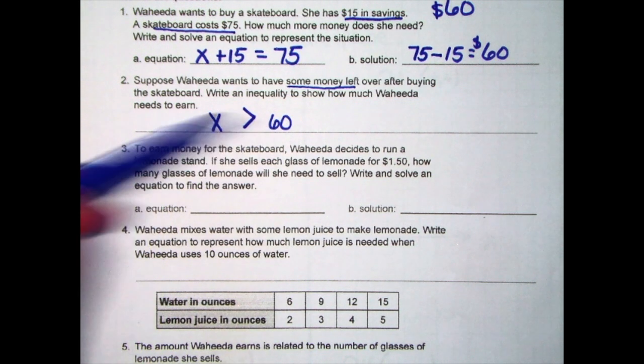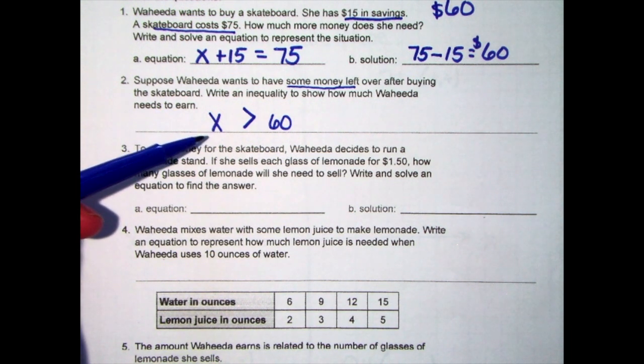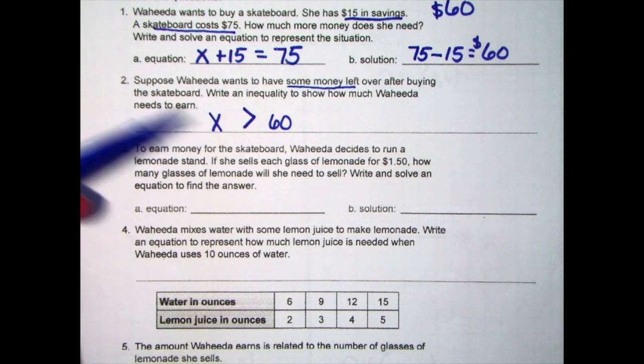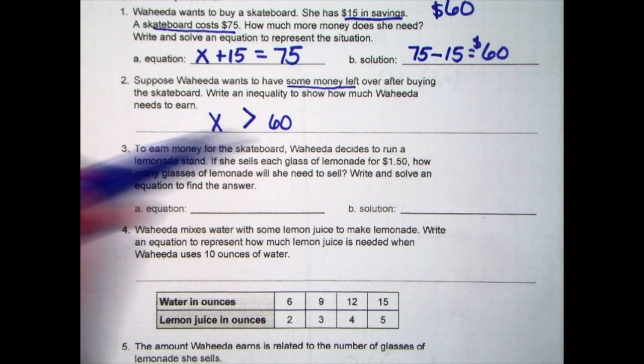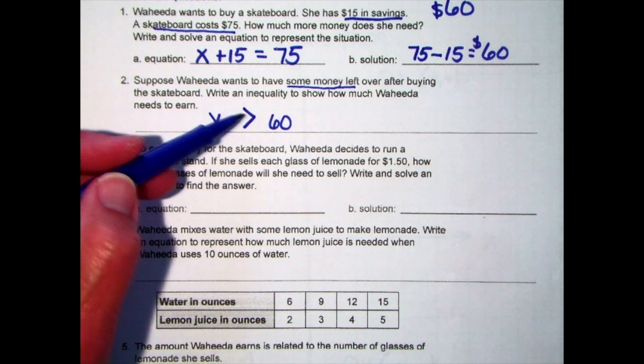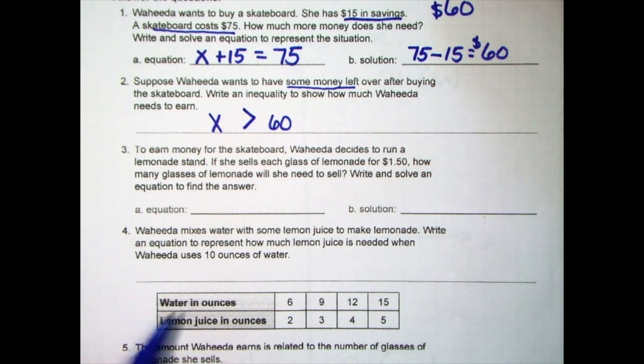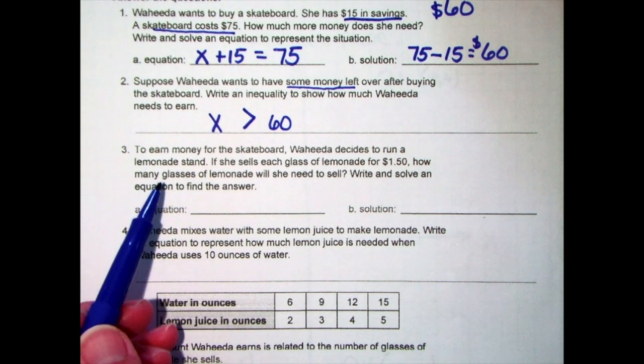So let's say if she had $61, she would have $1 more than 60. So X, whatever your number is, has to be greater than 60. Good job. Now let's look at number 3.